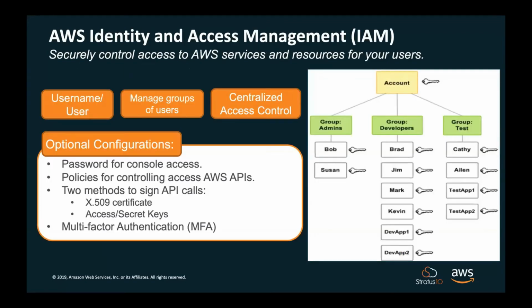And if you're familiar with any user management system, you can create hierarchies and groups of access, and share that authorization at a group level versus having to manage the access individually.